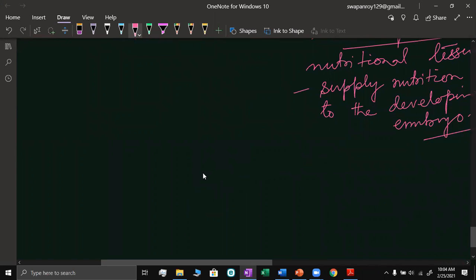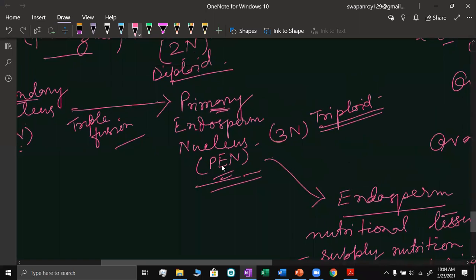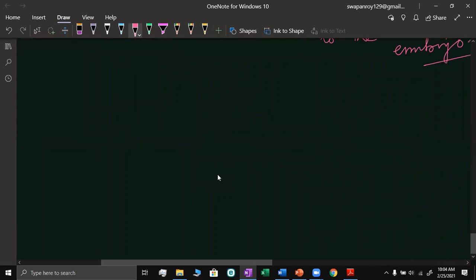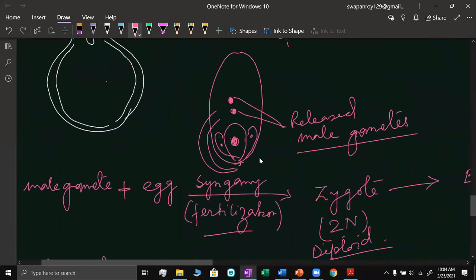Now another very important thing in angiosperms: one pollen grain has produced two male gametes, and the two male gametes fuse with two different cells, one the egg and the other the secondary nucleus.